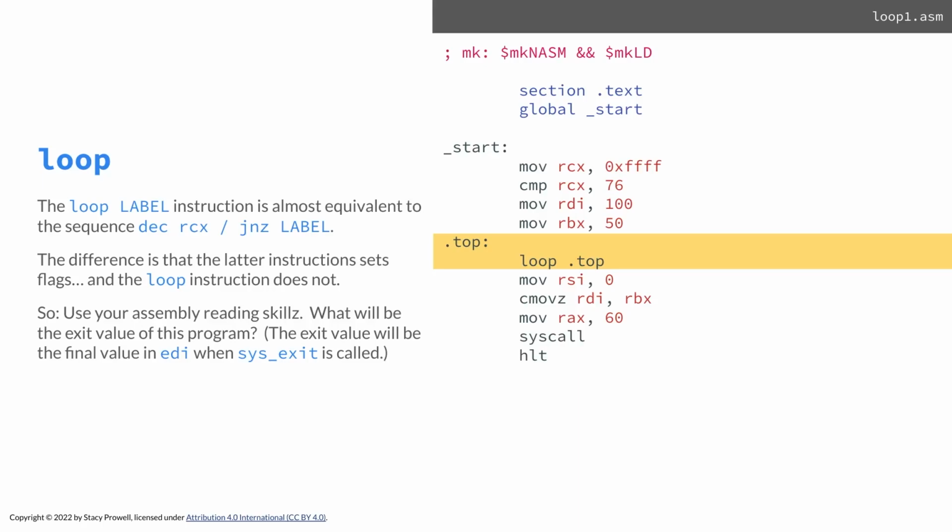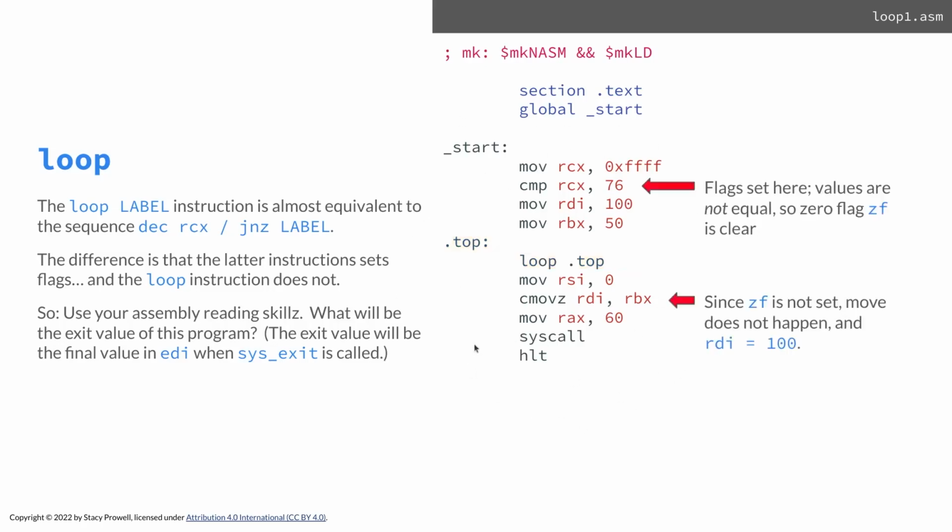So, take a look at that little piece of code over there. What's the exit value for this program? What's going to be put into RDI at the end of all this? Well, up here, I compare RCX was 76.